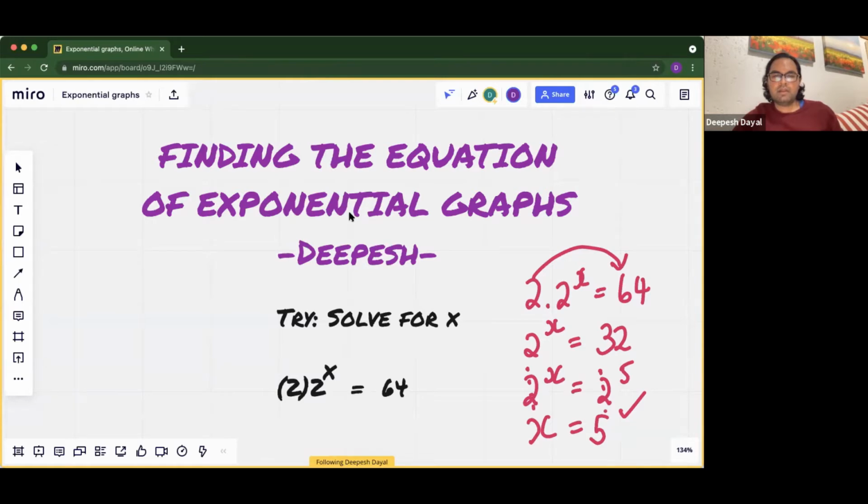How many of you have revised that section with drawing the graphs?